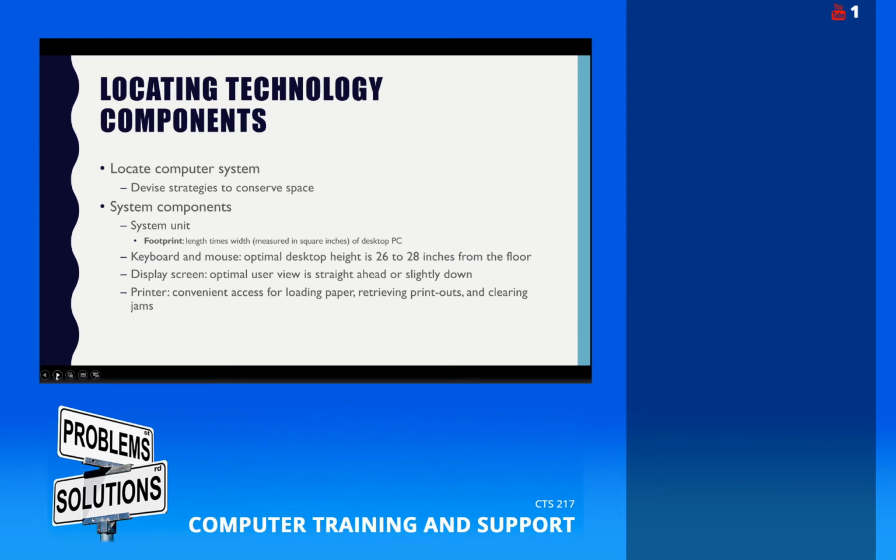If you were going into a project before the building was built, you can build things to accommodate your needs. However, most of the time you're not going into situations where that occurs. You're going into situations where you already have a building built and you're locating technology in pre-existing spaces.